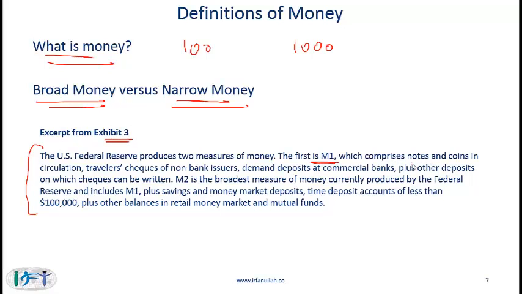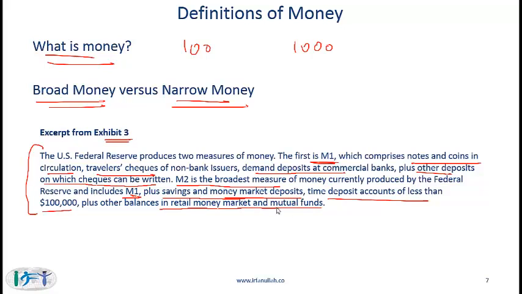This comprises notes and coins in circulation, traveler's checks, demand deposits, and other deposits on which checks can be written. Simplistically, you can think of this as coins, notes, traveler's checks, and liquid deposits. M2 is a broader measure of money. This includes M1 plus savings accounts, money market deposits, time deposits less than 100,000 plus other balances in retail money market and mutual funds.